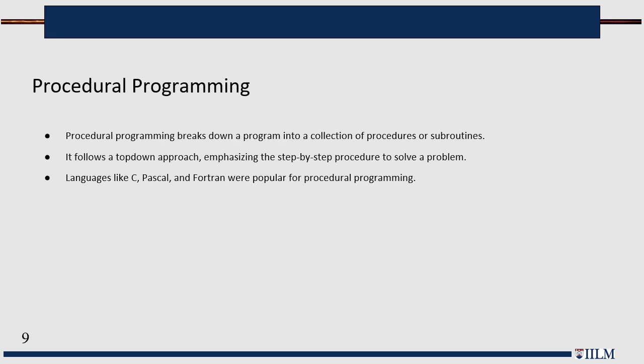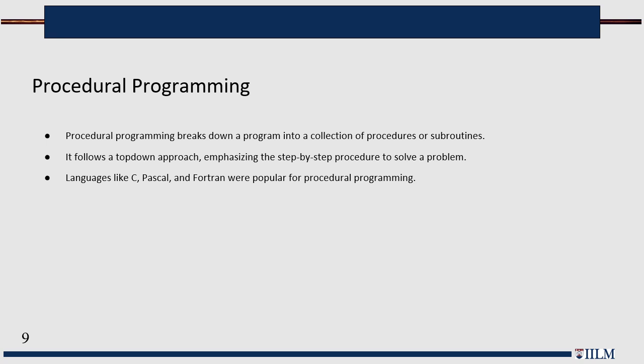Then the procedural program. Procedural programming, as I told you at the time of explaining imperative, is a sub-paradigm of imperative. So procedural programming breaks down a program into a collection of procedures and subroutines.